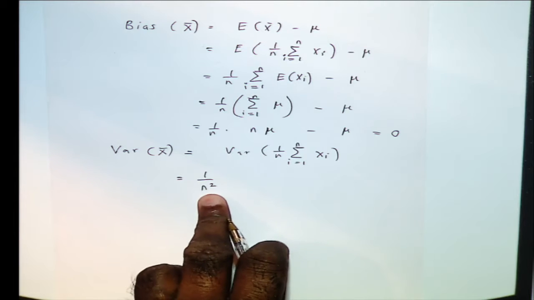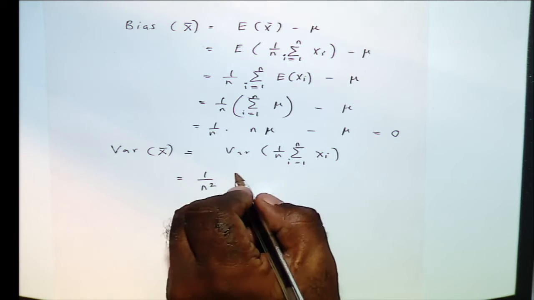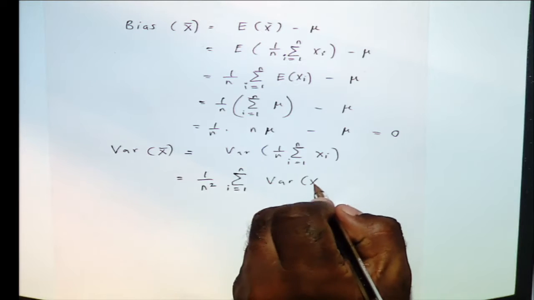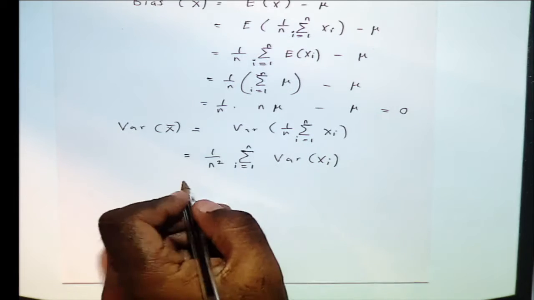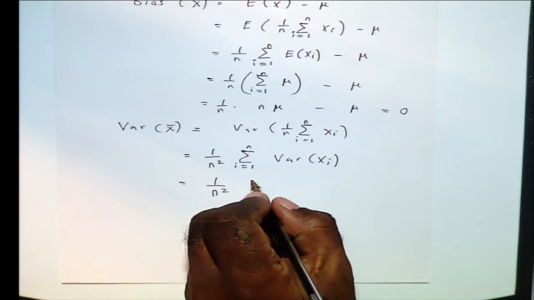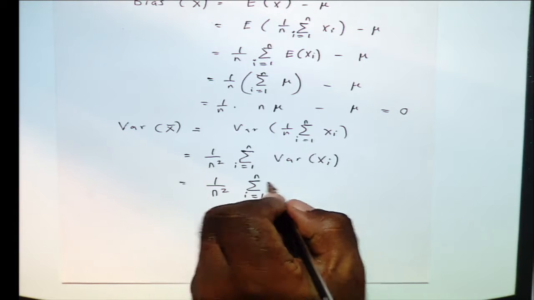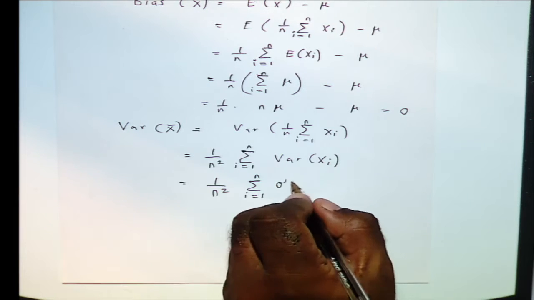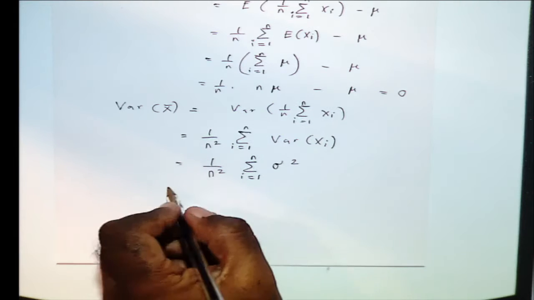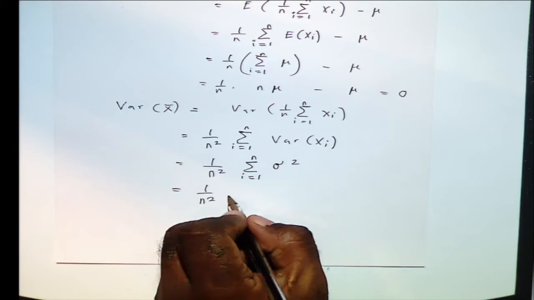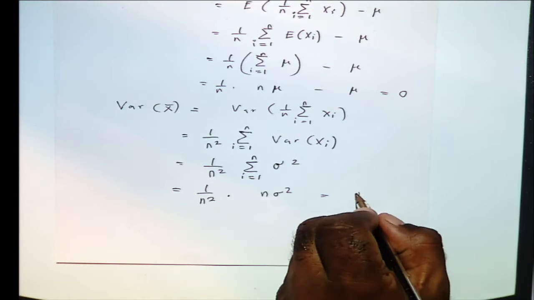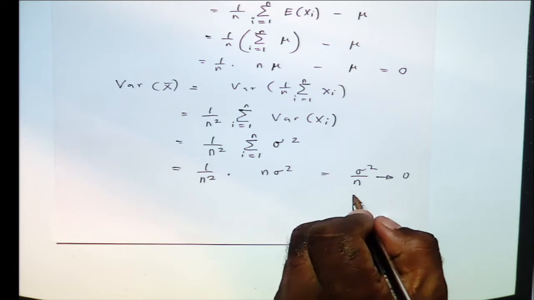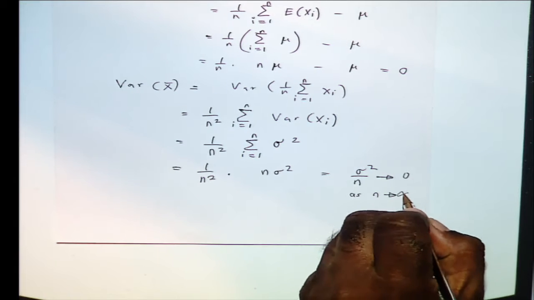You remember that from previous courses. So this becomes 1 over n squared times the sum of the variances of xi, and for a normal distribution the variance is sigma squared. So this is 1 over n squared times n times sigma squared, which is sigma squared by n. And this approaches 0 as n approaches infinity.